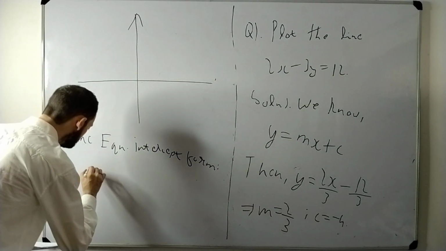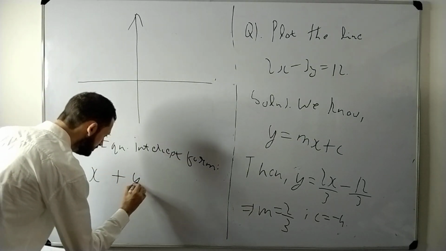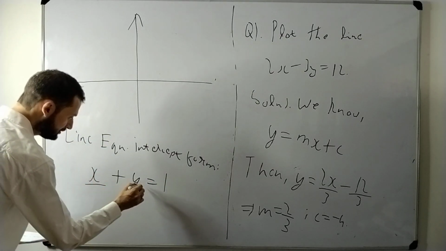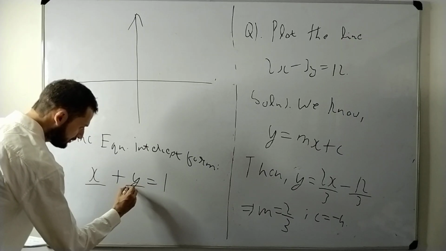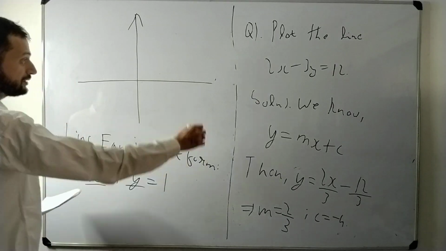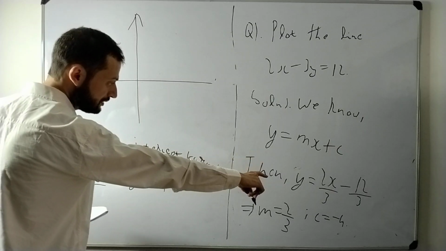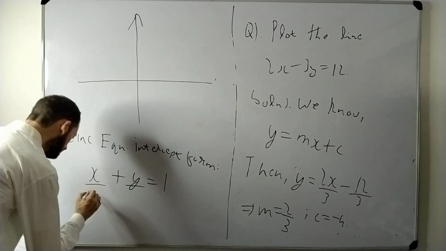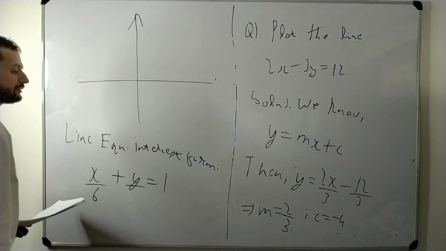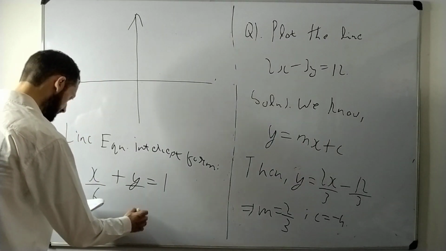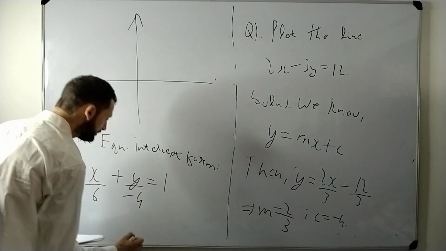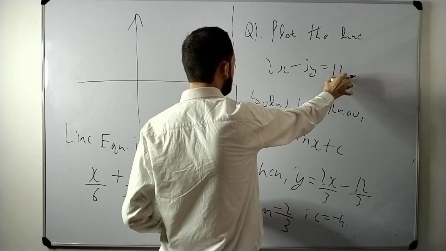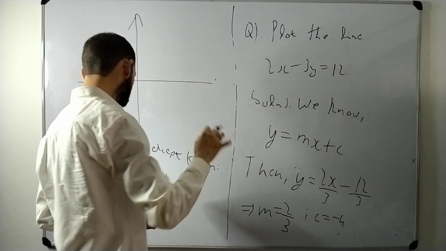So this happens to be x upon a plus y upon b equals 1, as we have discussed in our previous lecture. And what are these values, students? Here this happens to be 6 and this happens to be minus 4. Yes, very nice. So you have divided this by 12, making it 1.